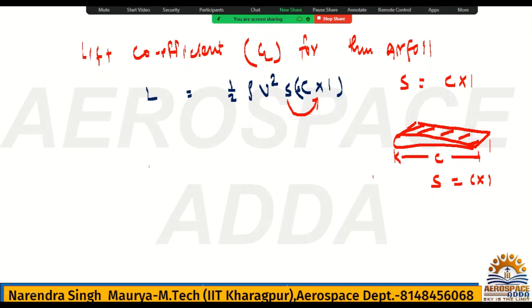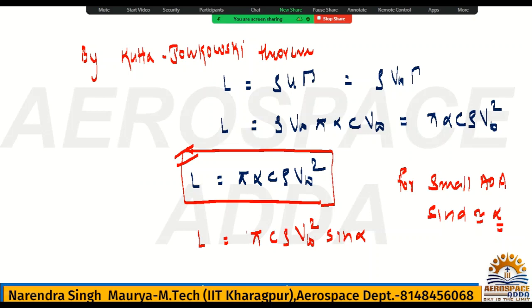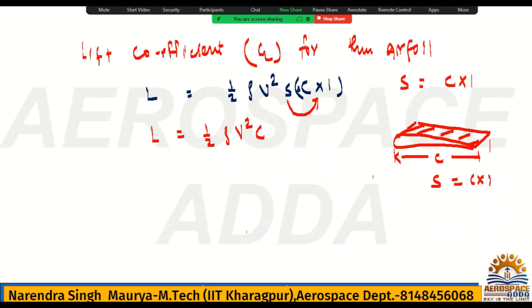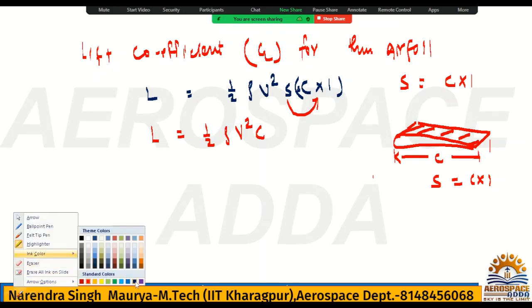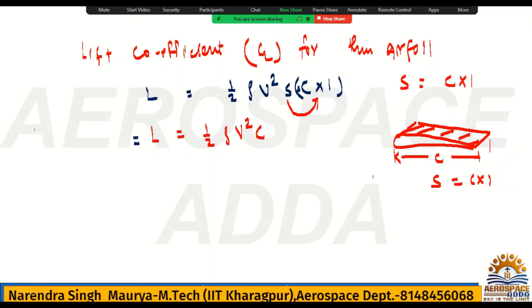Anyway, hope you understood now. So what is the L? L is nothing but half rho v square into c. But in previous, what you have calculated for lift, this is the value. So this value also equate with the previous lift value, and what was that?